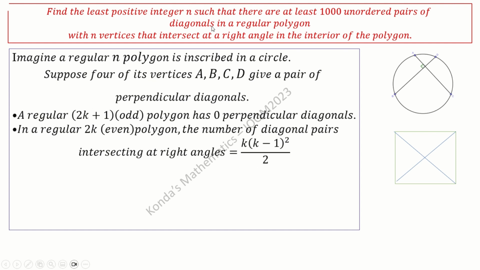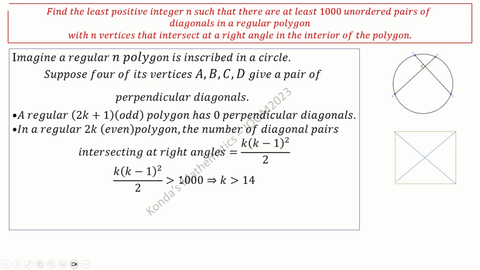But he said unordered pairs of diagonals, right? Unordered pair of diagonals means AB and BA are not counted as different. Now, if you take this equation, we need 1000 such 90 degree intersections, so k times (k minus 1) whole squared by 2 is greater than 1000, which means k should be greater than 14.